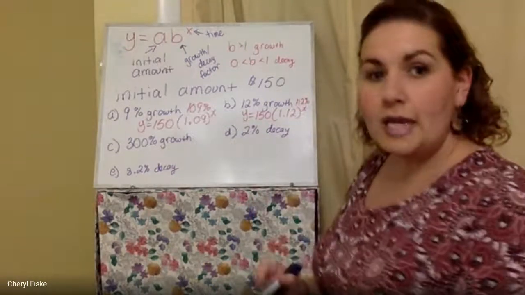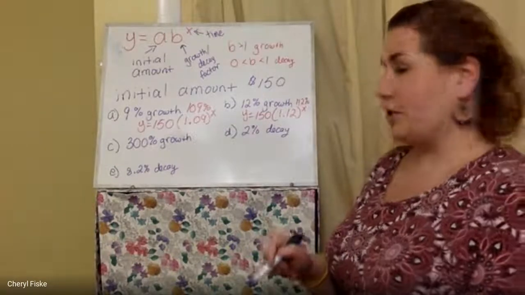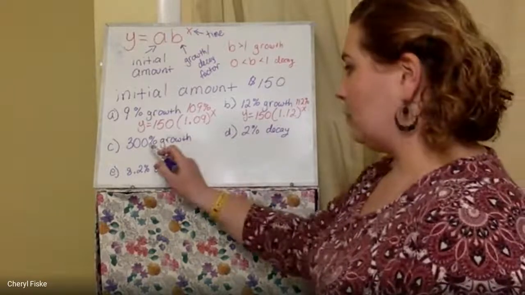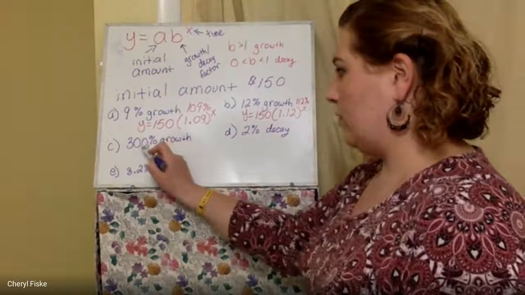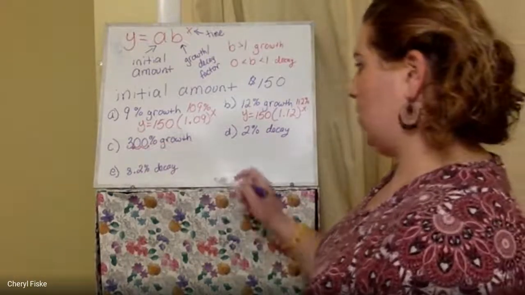Ooh, 300%. What is that as a decimal? Well, where's your decimal right now? Right here. So where does it move? 1, 2. That's 3.00.